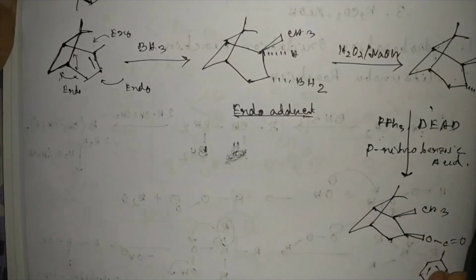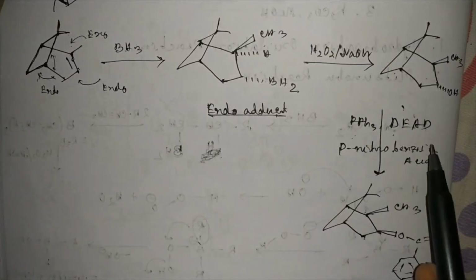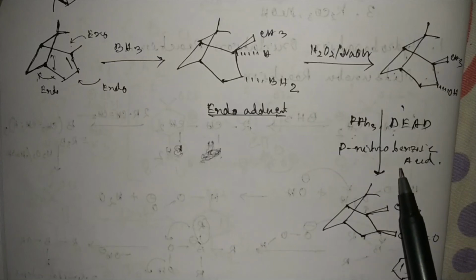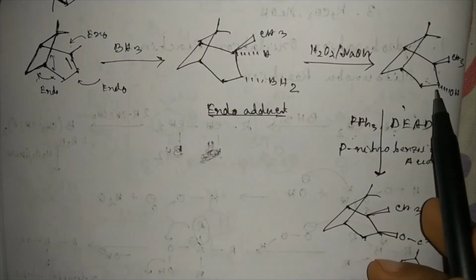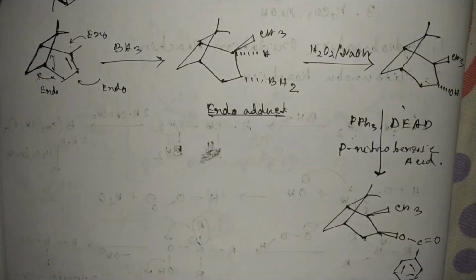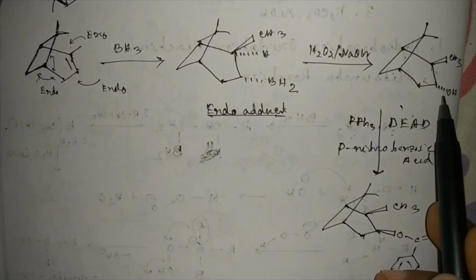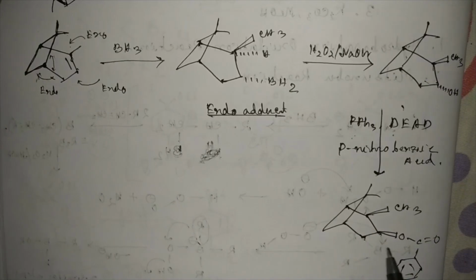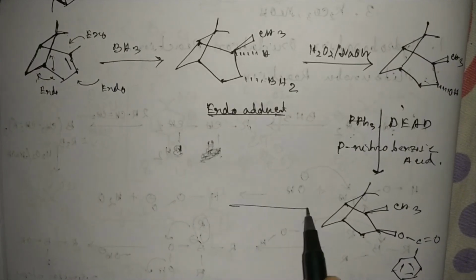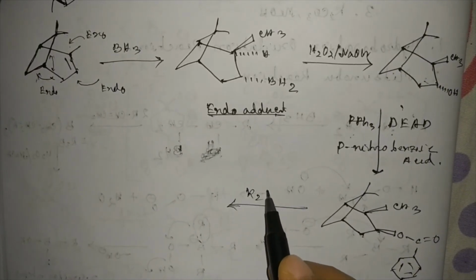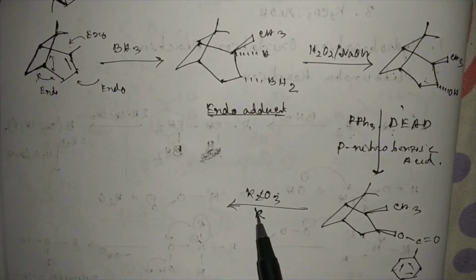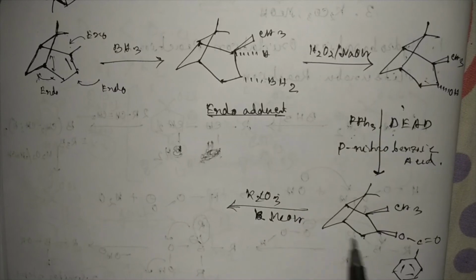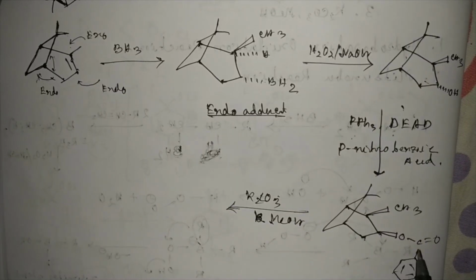Again I am telling, if it is treated with PPh3, DEAD, para-nitrobenzoic acid, then the ester of para-nitrobenzoic acid of this alcohol will be formed. So the product will be this, and the OH which was below the plane will come above the plane. Now if it is hydrolyzed with K2CO3 in MeOH, then this will be converted to an OH group.